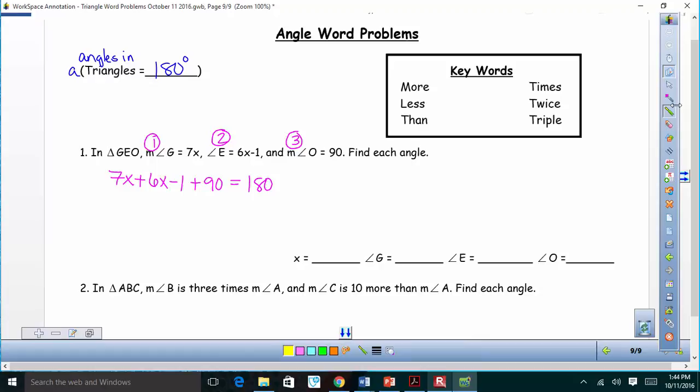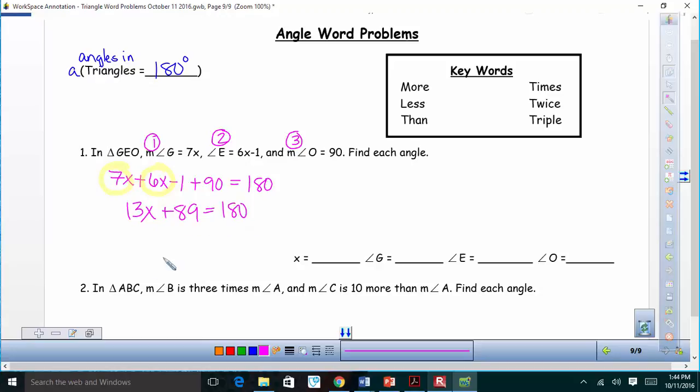We're going to do 7x plus 6x minus 1 plus 90 equals 180. Okay? So we combine our like terms. What are our like terms here? 7x and 6x. That's going to give me 13x. Then I have a negative 1, a positive 90. That's a positive 89 equals 180.